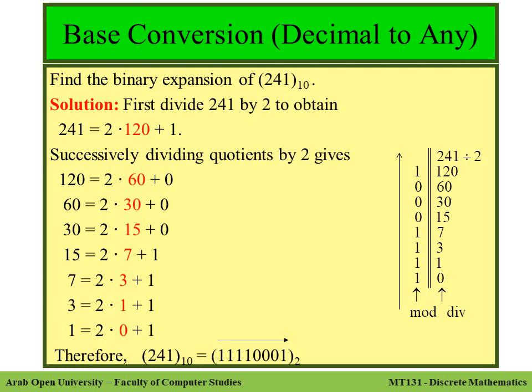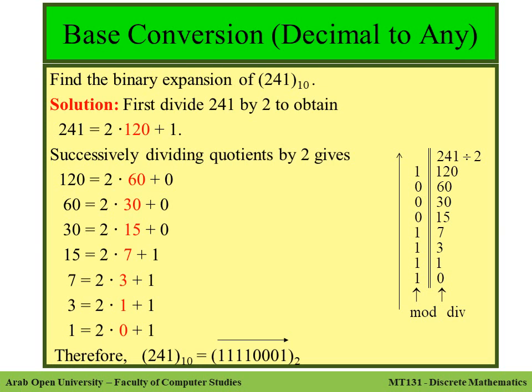But again, what you do is, the number you are trying to convert to base 2, keep dividing by 2, and take the remainder to be your digits, to be your binary representation. These numbers are written from right to left. The first remainder gives you the first digit from the right. The second remainder gives you the second digit from the right.